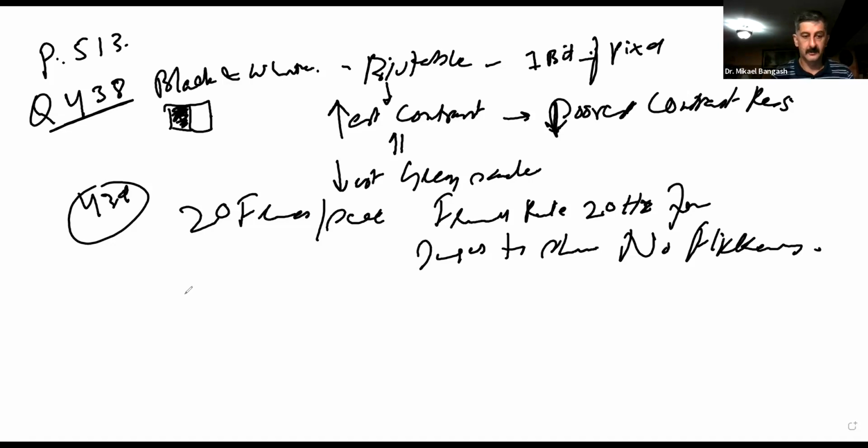what's going to be the T frame then? If you have 20 frames per second, what is going to be the T frame?